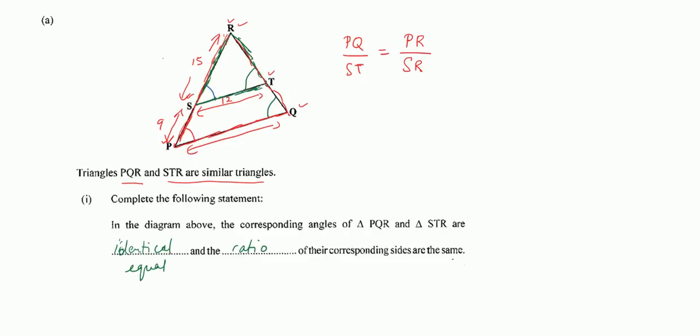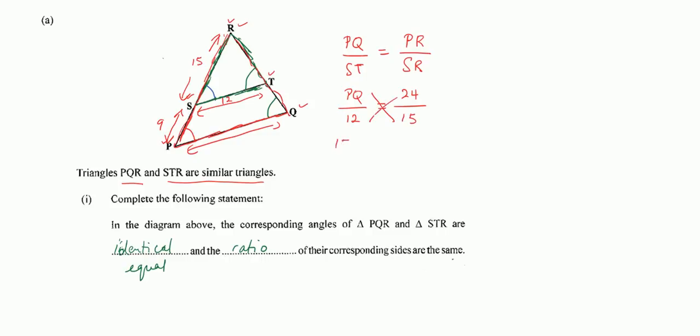So therefore PQ, we don't know what PQ is. ST is 12 centimeters. PR is, hold on, what is PR? That'll be 15 plus 9, which is 24. So this is 24 over SR, which is 15. Right? To solve for PQ, all we need to do is to cross multiply.